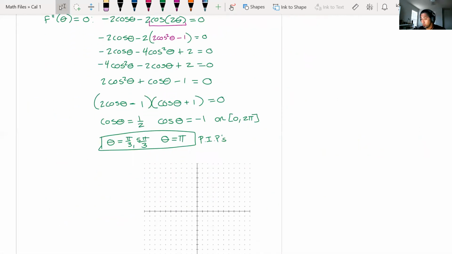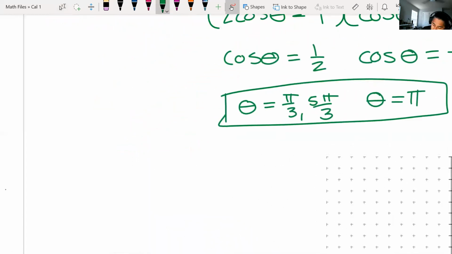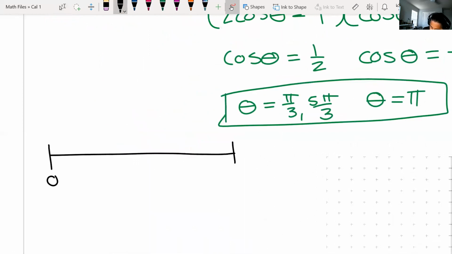And now, of course, it's sign chart time. So here's 0. There's 2 pi. And I'll make our actual unit circle again. There's pi over 2. Pi happens to be one of our critical numbers, so I'll put that there.